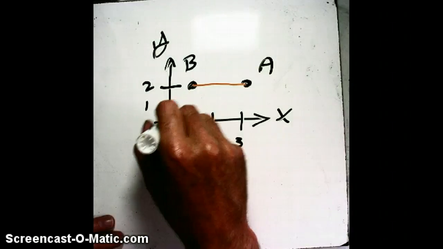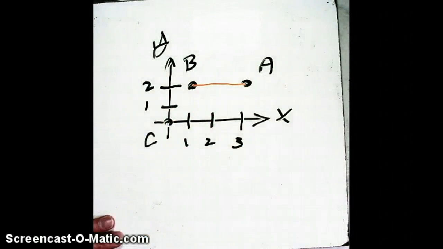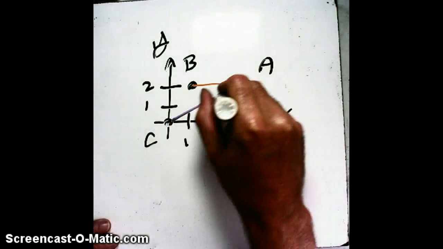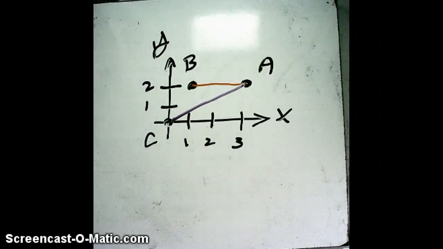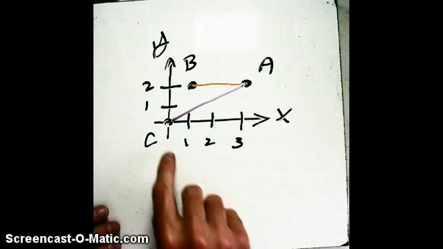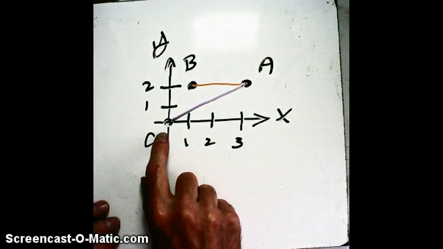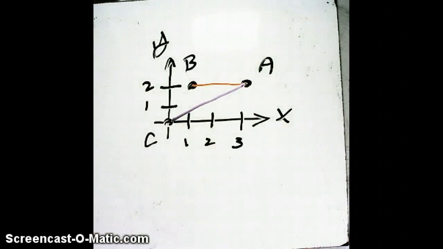However, what if I had a point here, C? Well, I want to know what this length is right here, this purple. I feel a little bit like the Khan Academy guy with all the colors. But anyway, so what's the distance from C to A? Well, that's a good question.